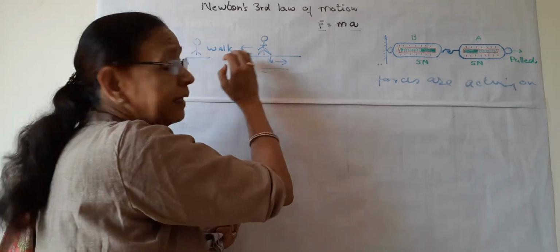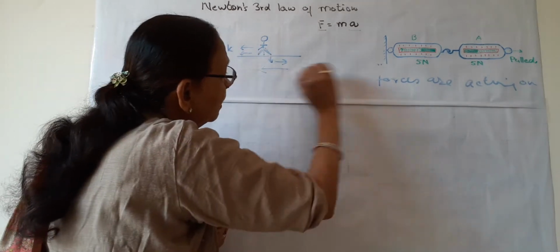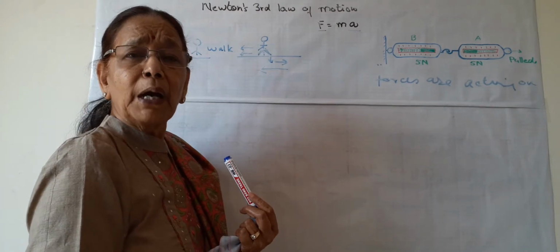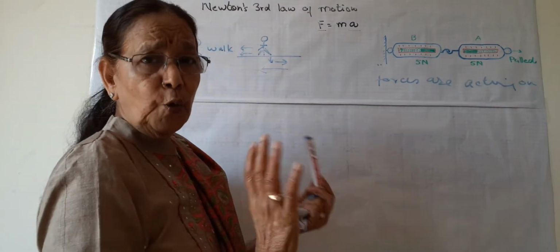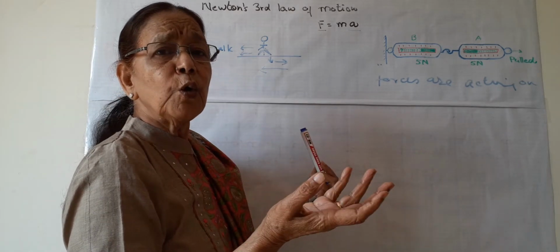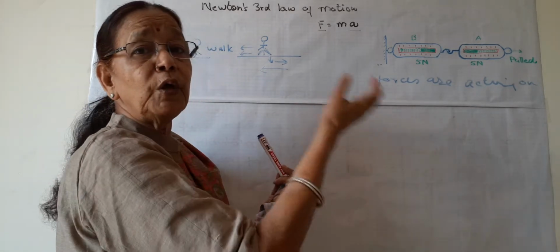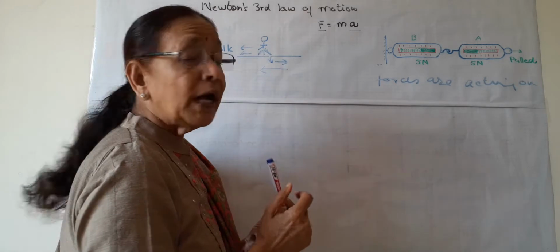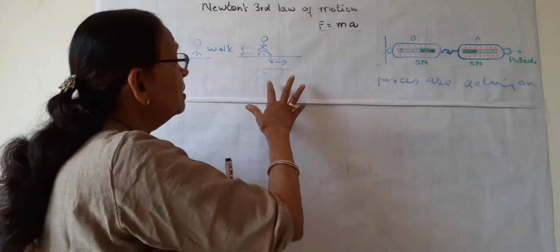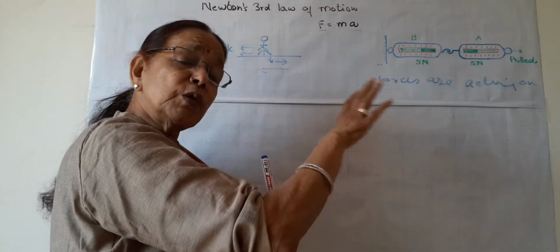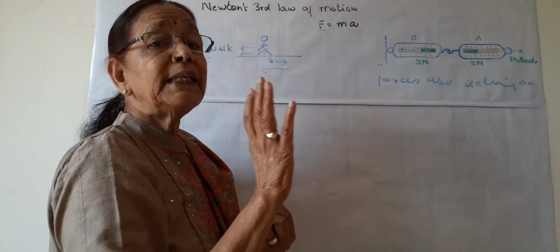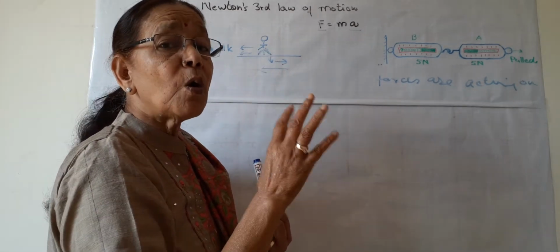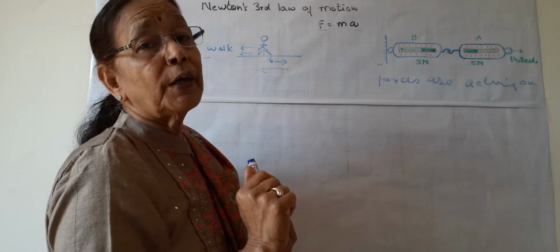When the man is accelerating in this direction, the earth should accelerate in the backward direction. But is the earth or road moving? No. We cannot see the road or earth moving while we are walking. Why is it so? Because these forces are equal, but the accelerations caused by them are not equal.